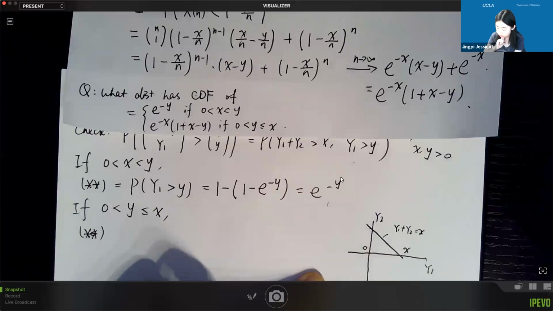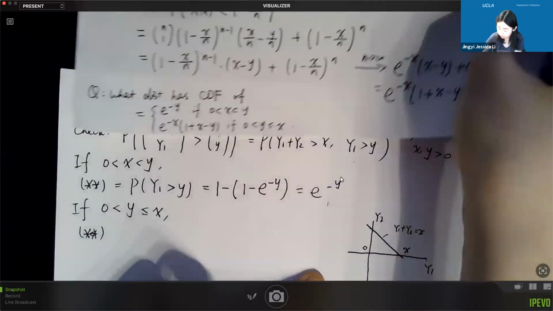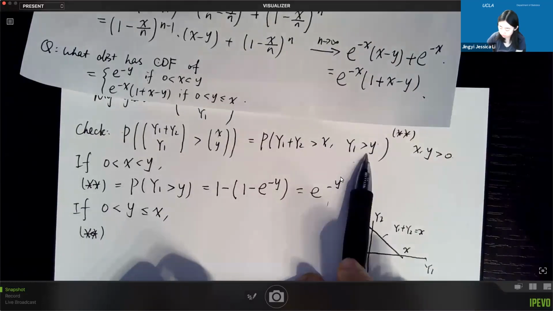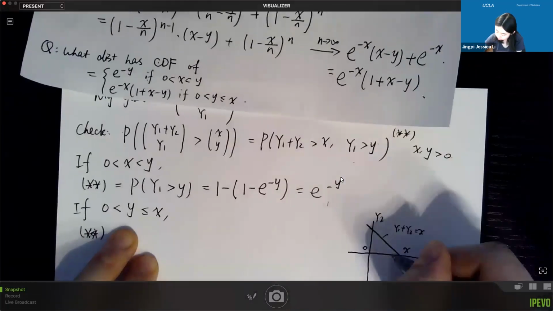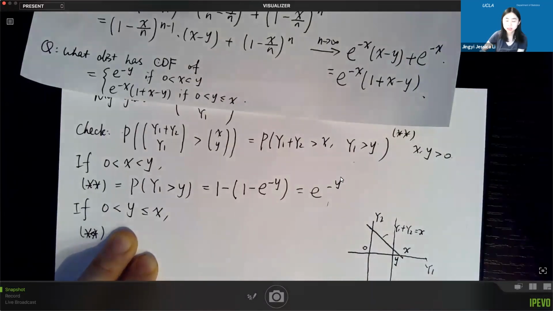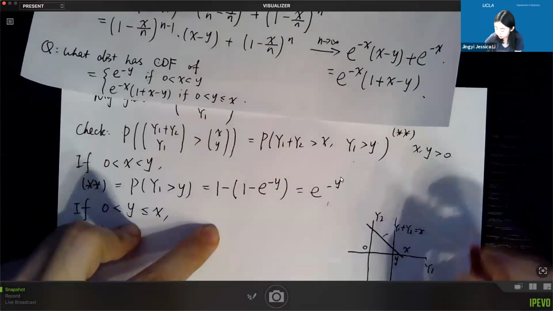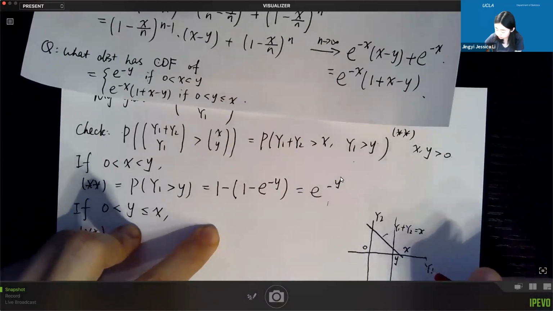And I also need to have y1 greater than y, and y here is less or equal than x. So if I call it y here, then the area I'm interested in would be defined by the vertical line and this horizontal line.